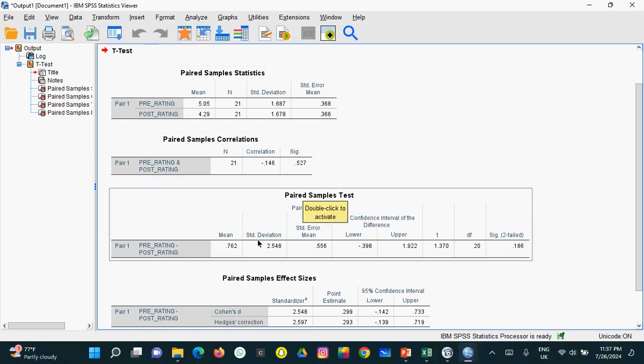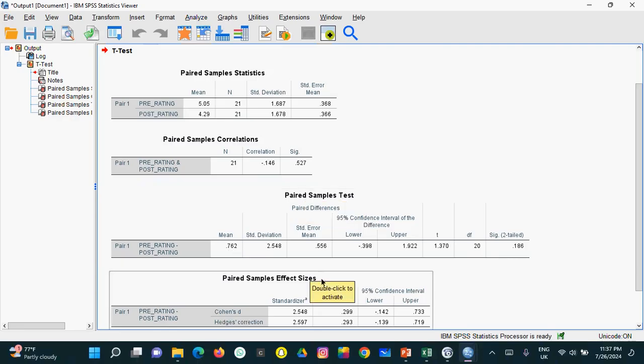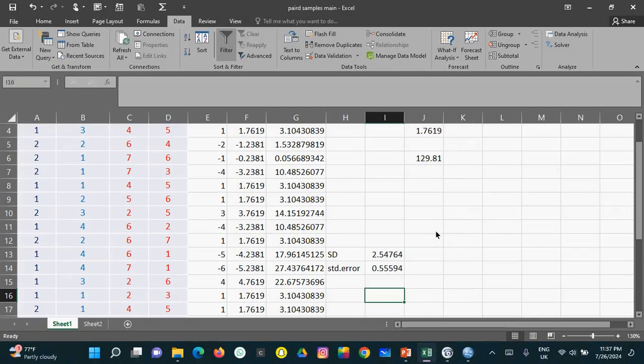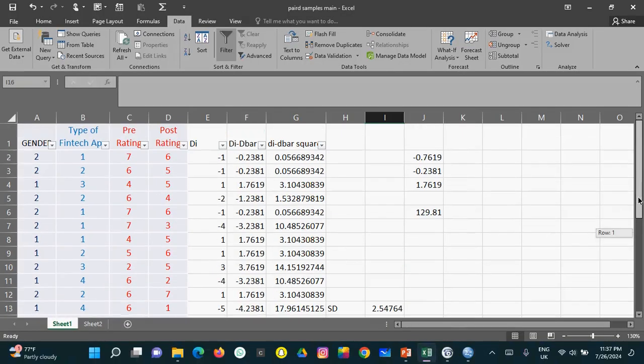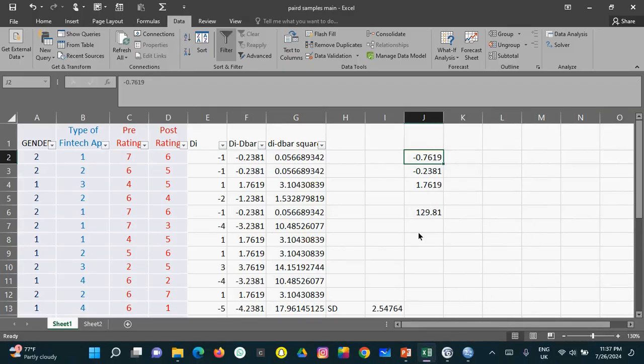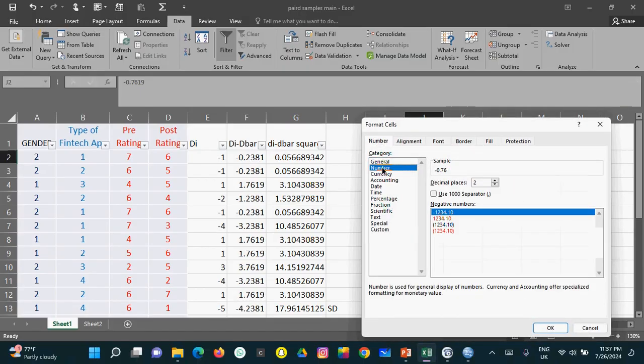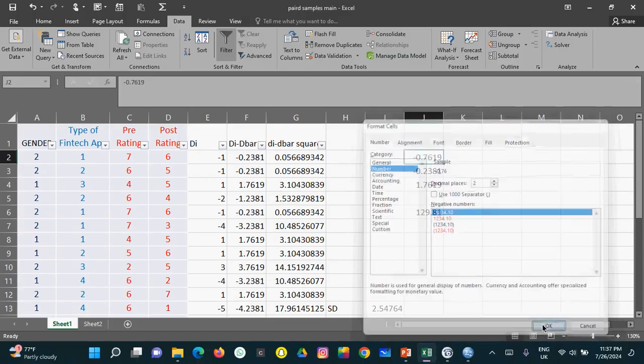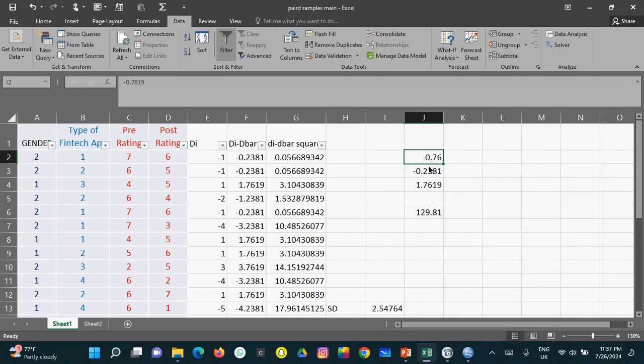And then now let's come here. Remember our mean. We computed our mean to be negative 0.762 in here. It's negative 7.619, right? Let's change it to 2 decimal places because Abeku said in the exams we are going to leave everything in 2 decimal places. So it's going to be 0.76, right? That's what we are getting here.